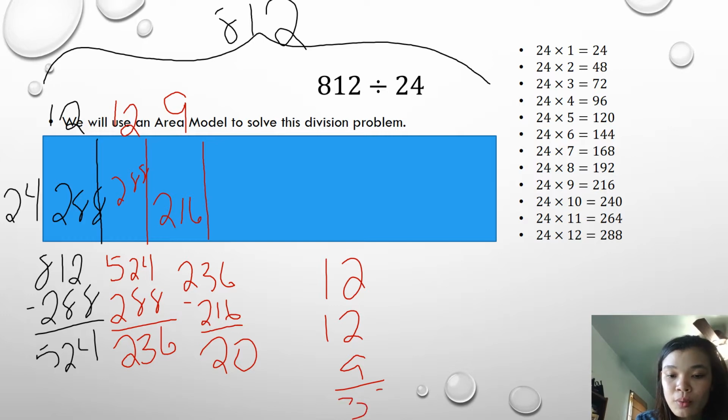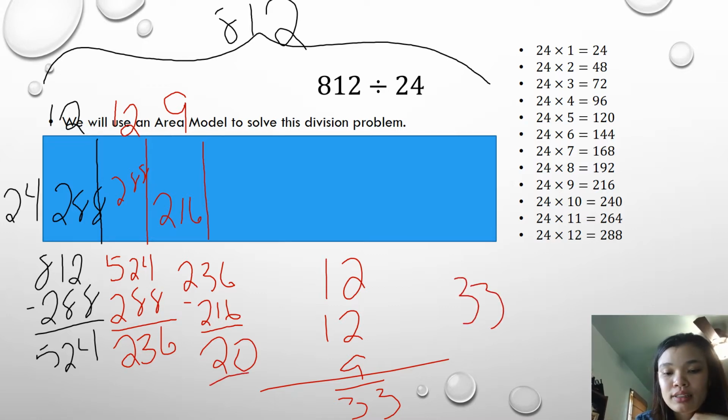Okay, so that is actually going to be your quotient. So 33 is your quotient. What do you think 20 is? That's going to be your remainder, right?